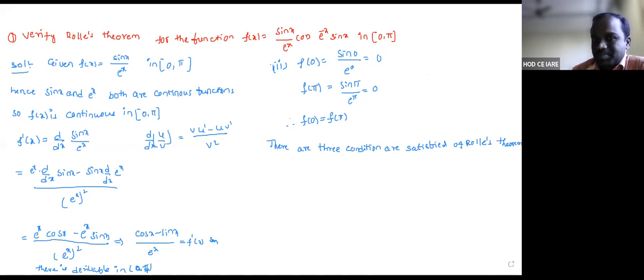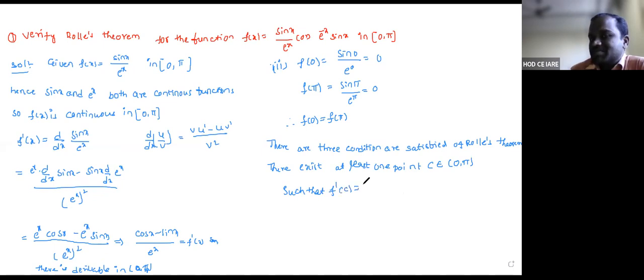So there exists at least one point c belongs to the open interval of 0 comma pi, such that f dash of c is equal to 0.